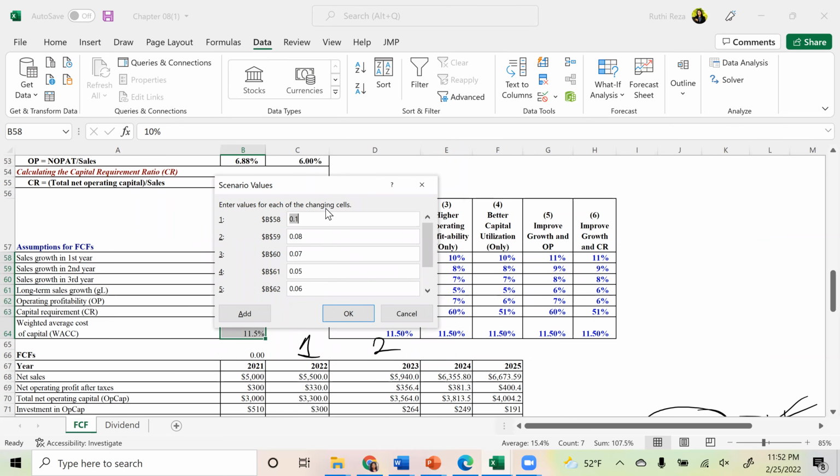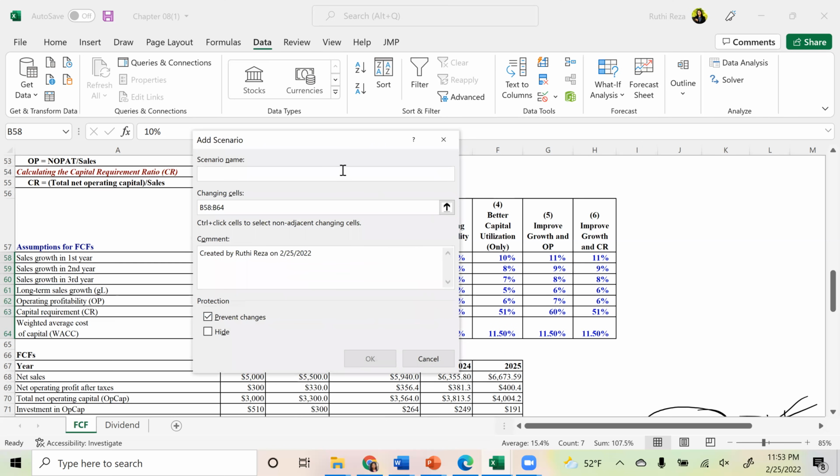So the first one is 11%, next one is 9%, next one is 8%, next one is 6%, next one is 7%, then 60%, and 11.5%.